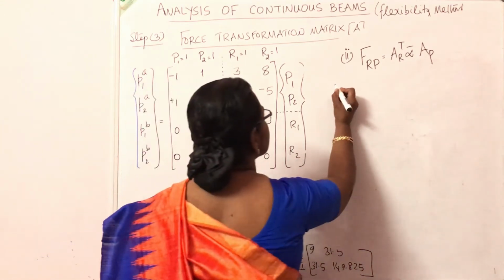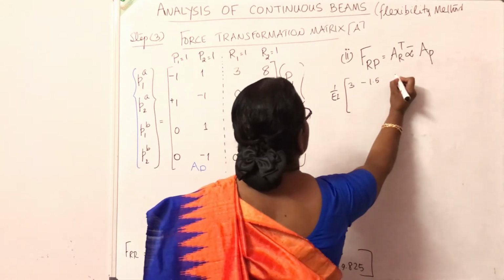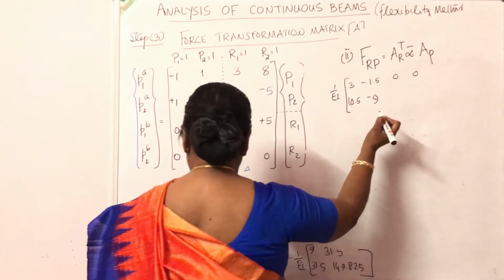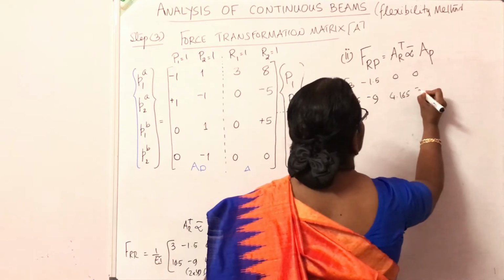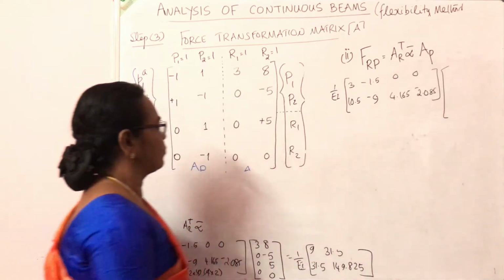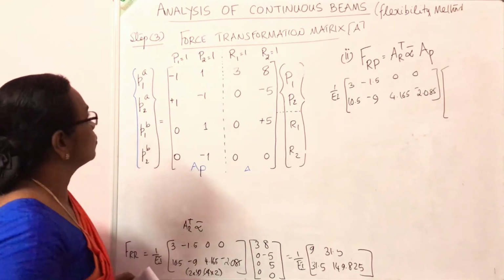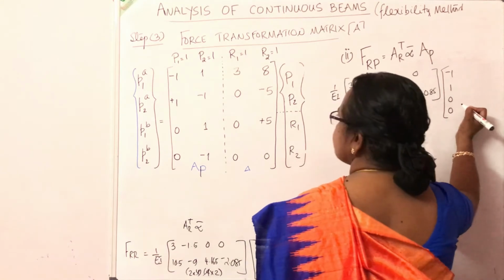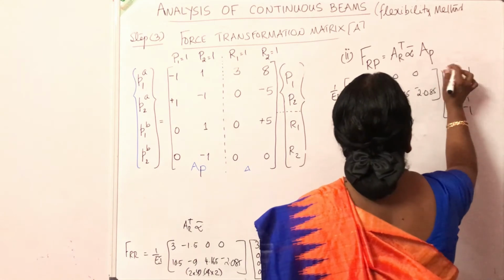So copy it here. 1 by EI, 3 minus 1.500, 10.5 minus 9, 4.165 minus 2.085, that into A suffix P. So this is AP, the transformation matrix due to external load. So 1, 0, 0, 1, minus 1, 1, minus 1.